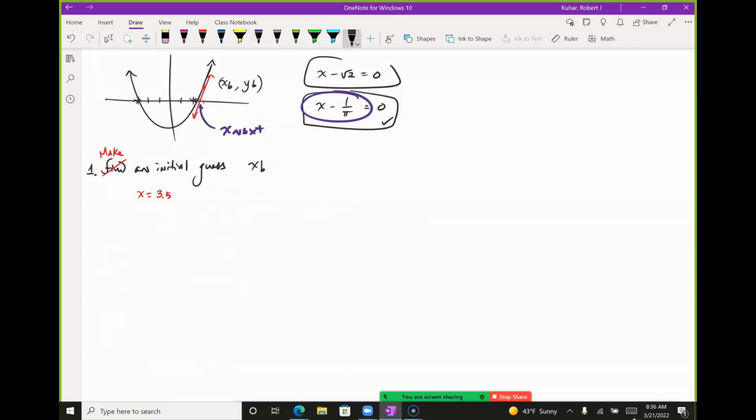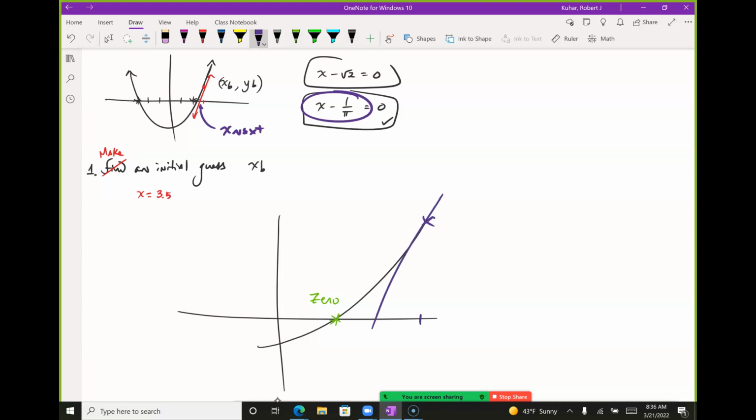And you can kind of imagine, right? Let me just exaggerate this line a little bit, okay? You can imagine, right? Here is obviously my 0, right? Everybody with me? But if I guess out here, and then I draw my tangent line, then you can see my next guess, right? So this is initial guess. This is my next guess.